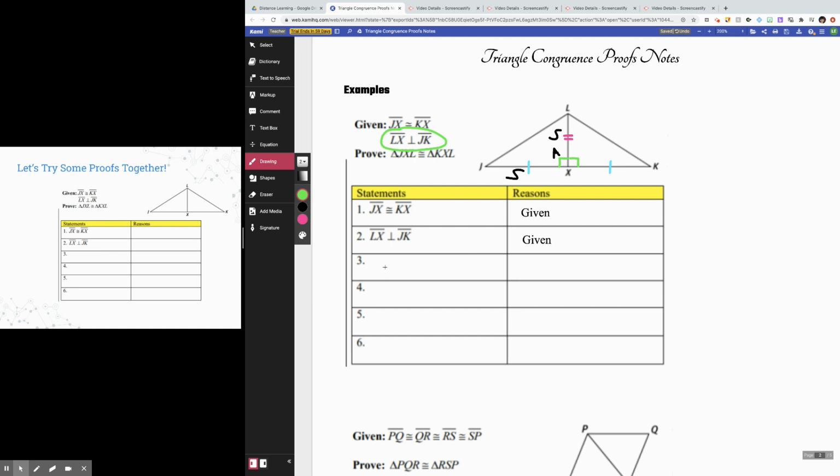So that's what I said next, right? So we said angle JXL and angle KXL are right angles.